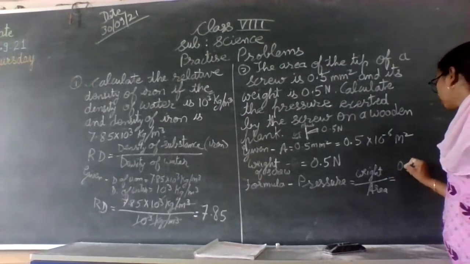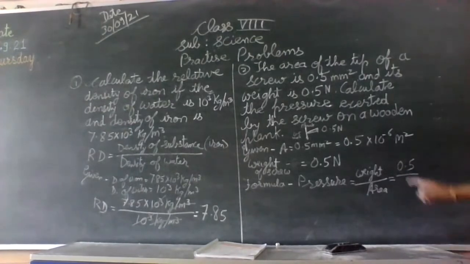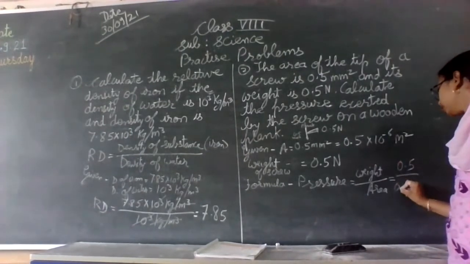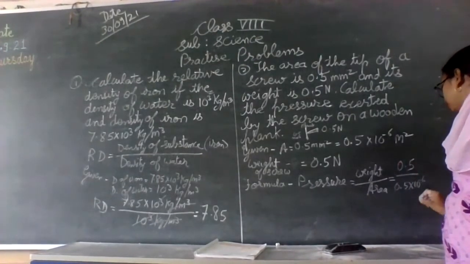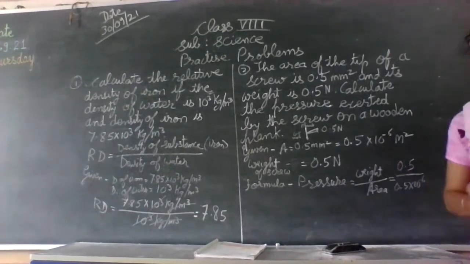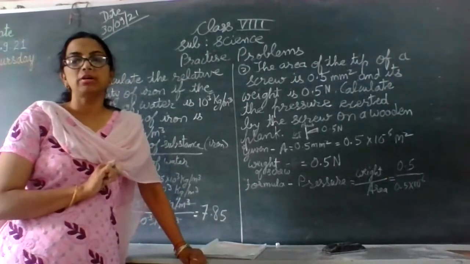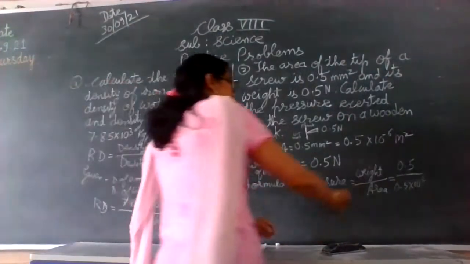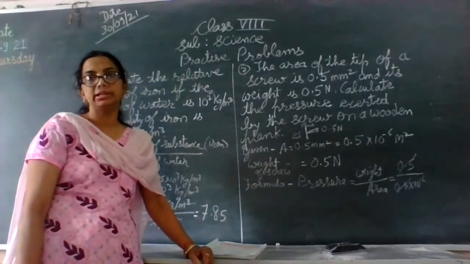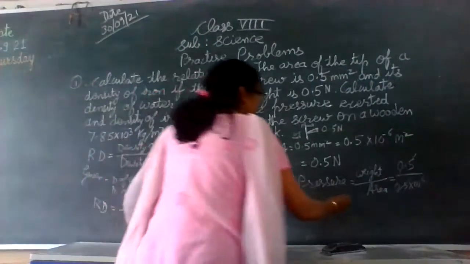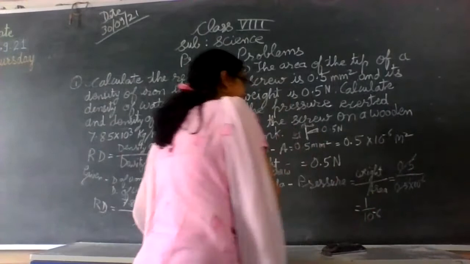Weight is 0.5 Newton. That is properly in SI unit, so no need to change. But area we had to change. That is 0.5 into 10 raised to minus 6. When we put these values in the formula, 0.5 from the numerator and denominator will get cut, and we will get 1 upon 10 raised to minus 6.